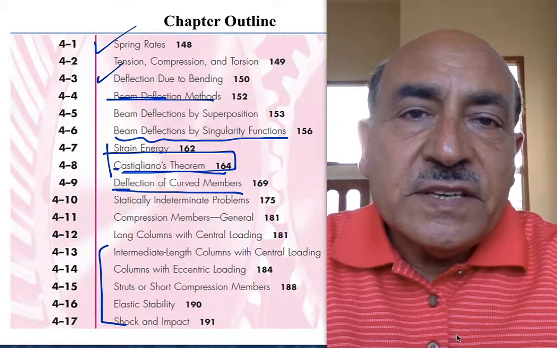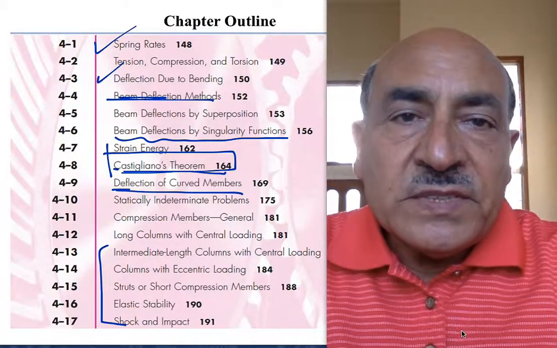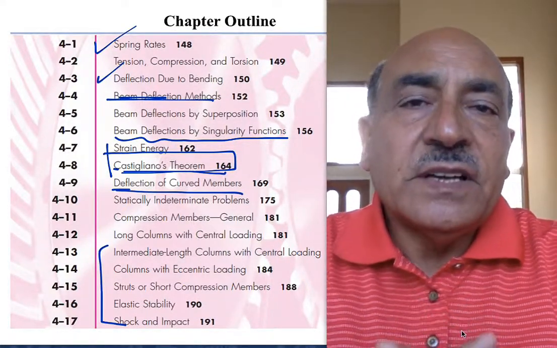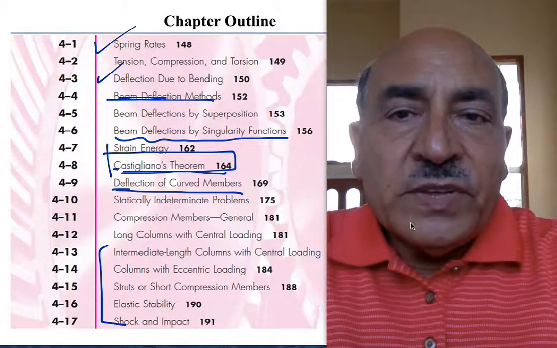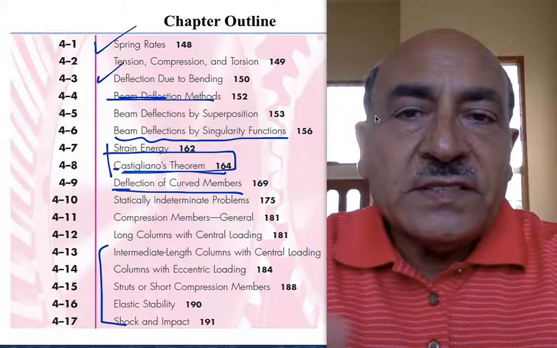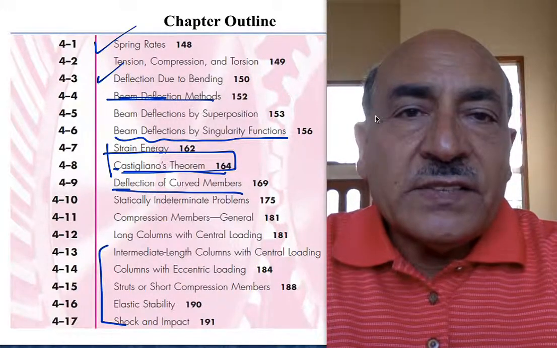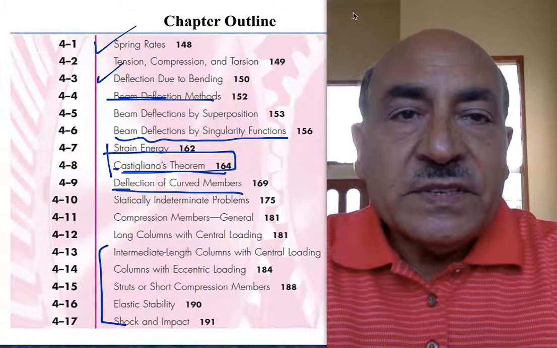So all of these things are connected, and we will start this series of lectures on beam bending today with the simple introduction of spring rates and calculations of simple deflections of determinate beams.